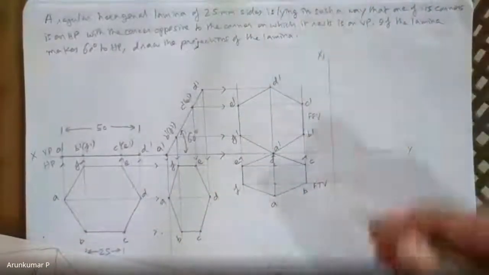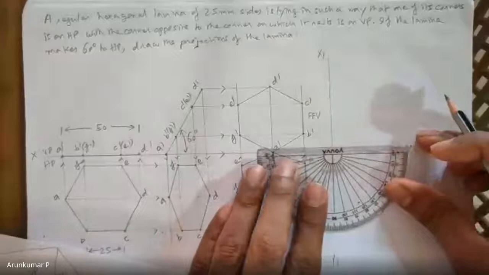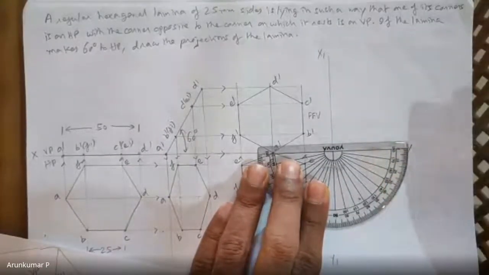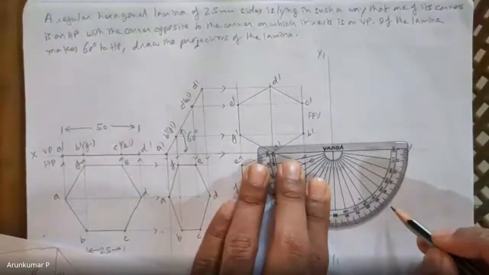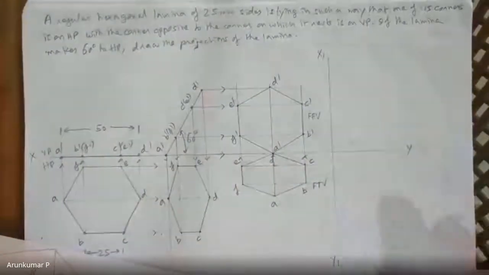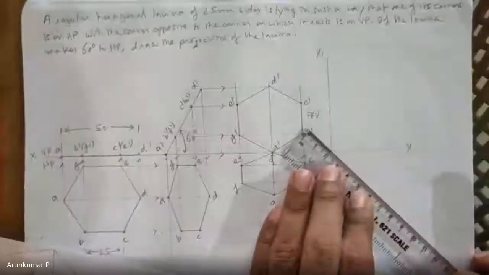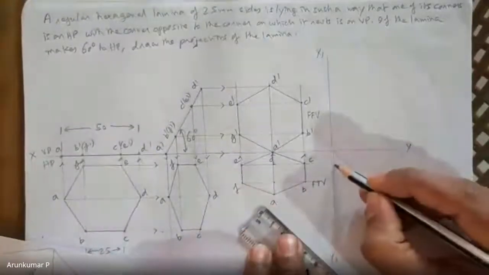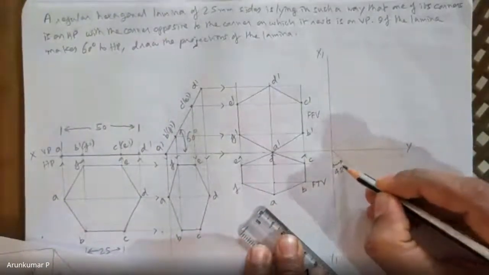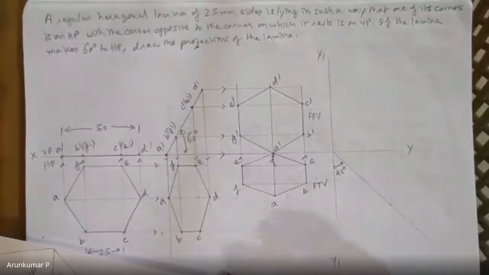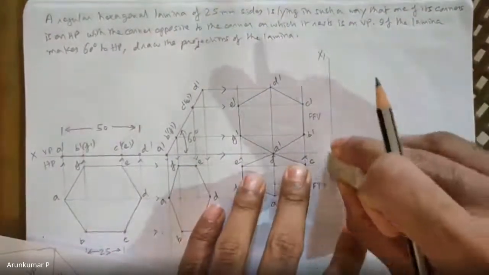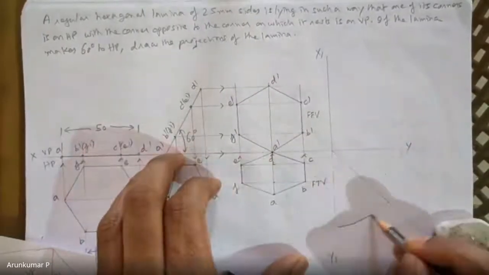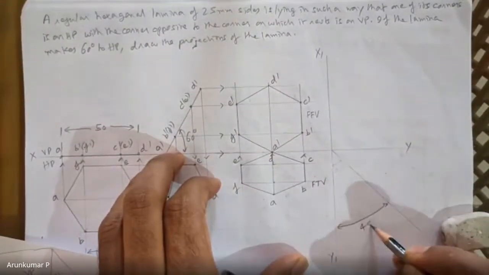So x1 y1. Draw the 45-degree line here. So this would be the 45-degree line. I think I should draw it below because I need to project. So I'll show it here.